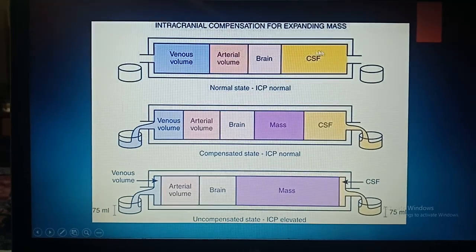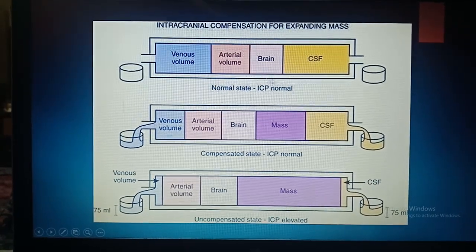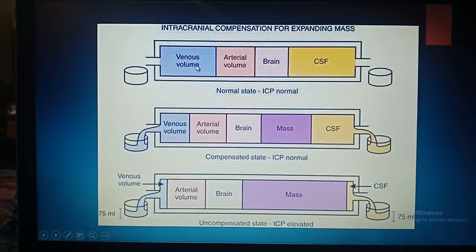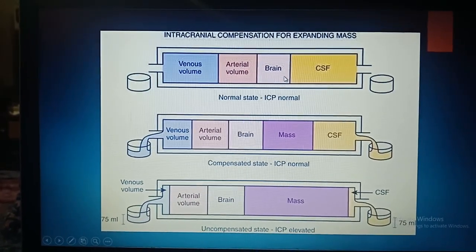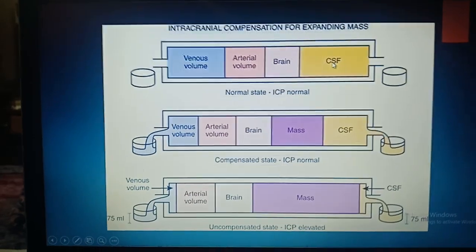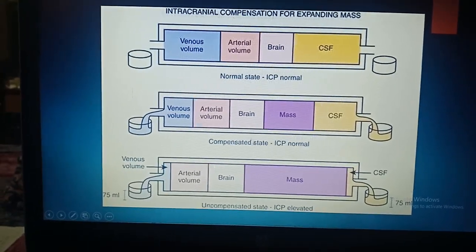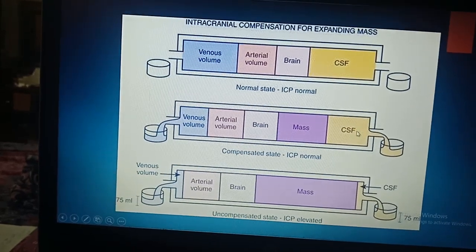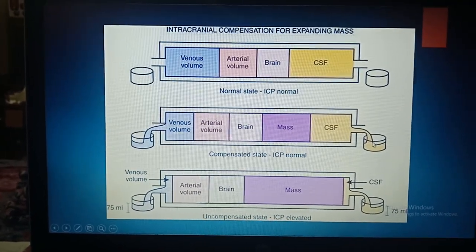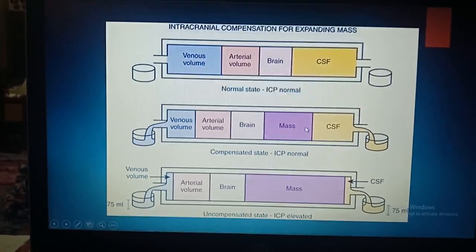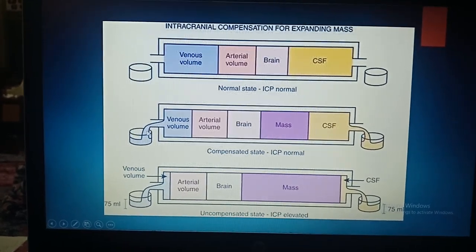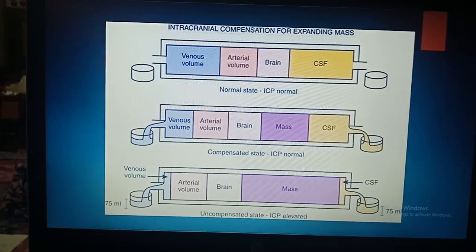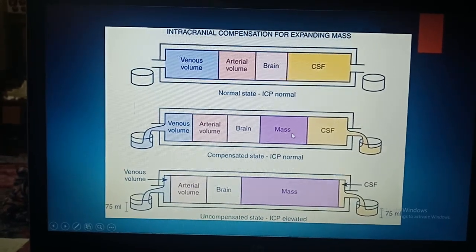This is another figure which depicts the same Monro-Kelly doctrine. In the normal state, whenever the ICP is normal, we have the blood volume, that is the venous and the arterial, we have the brain parenchyma, and we have the CSF. Now in the compensated state, whenever a mass is there, the CSF first goes out of the foramen magnum in order to accommodate that mass. Afterwards, the venous volume, through the internal jugular veins, goes through the jugular foramina to compensate for that mass.